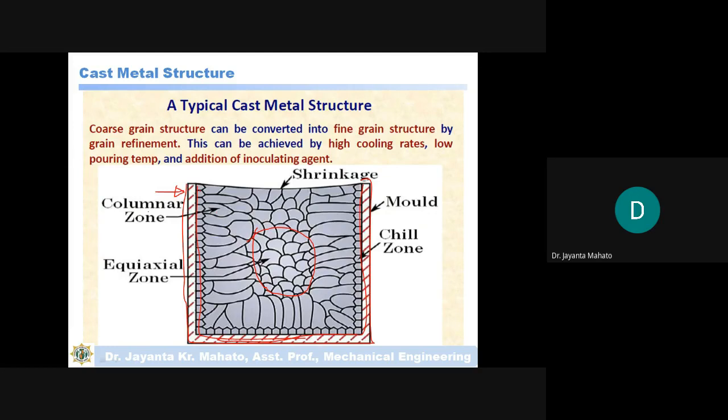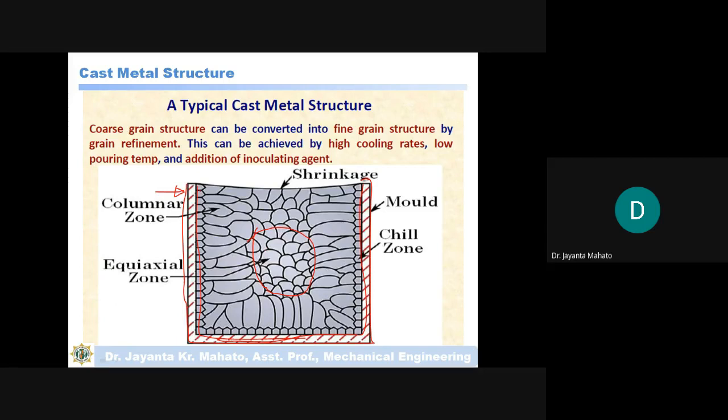That is why it is called the columnar zone. In the columnar zone, all the grains formed due to solidification are elongated, and they extend towards the center of the mold cavity.